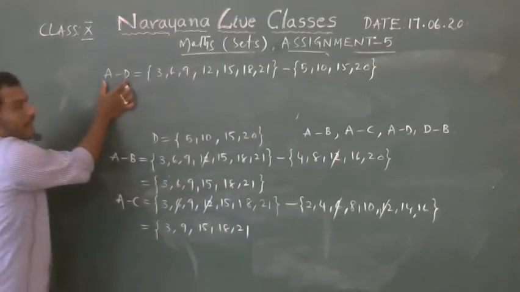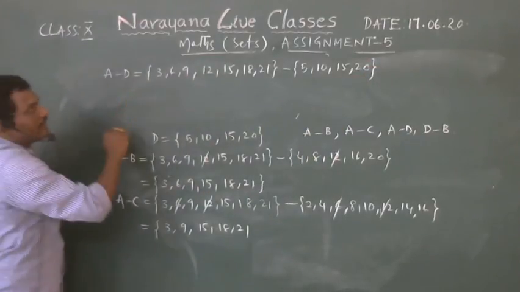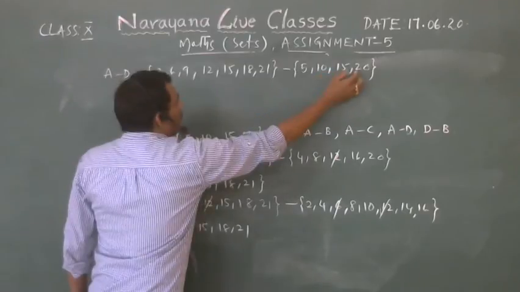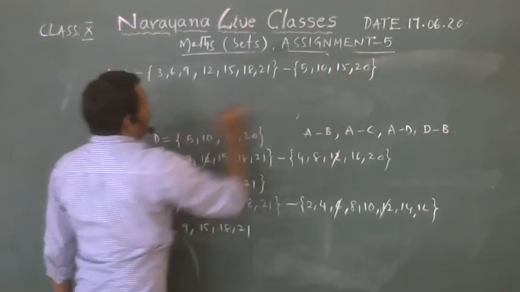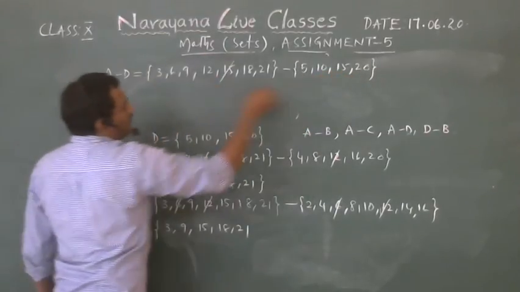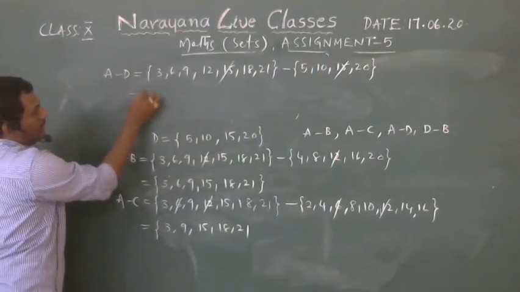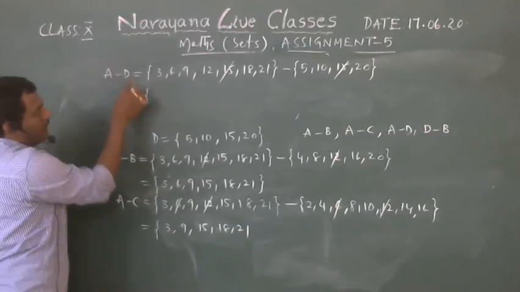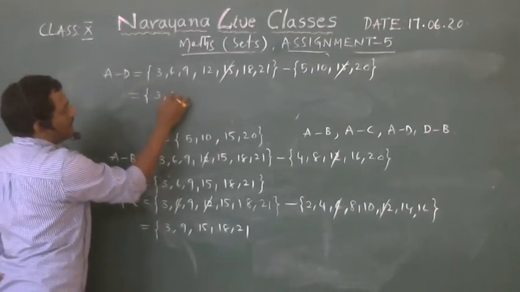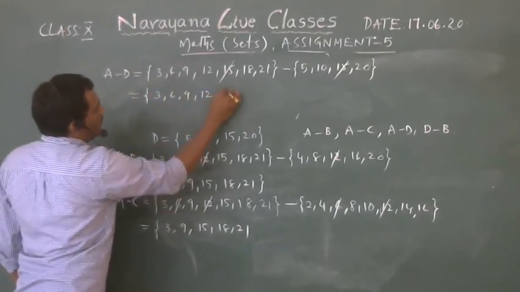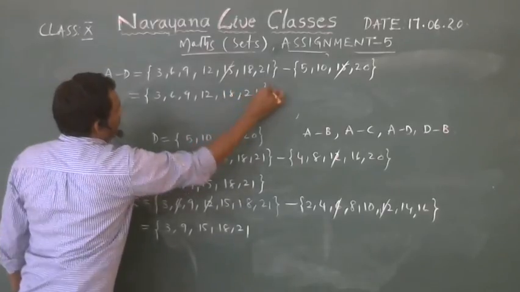So now A minus D. Common elements here: 20, 15, 10, 5. Then the only common element is 15. No other common elements in A minus D. The remaining elements of A that do not belong to D are 3, 6, 9, 12, 18, 21.